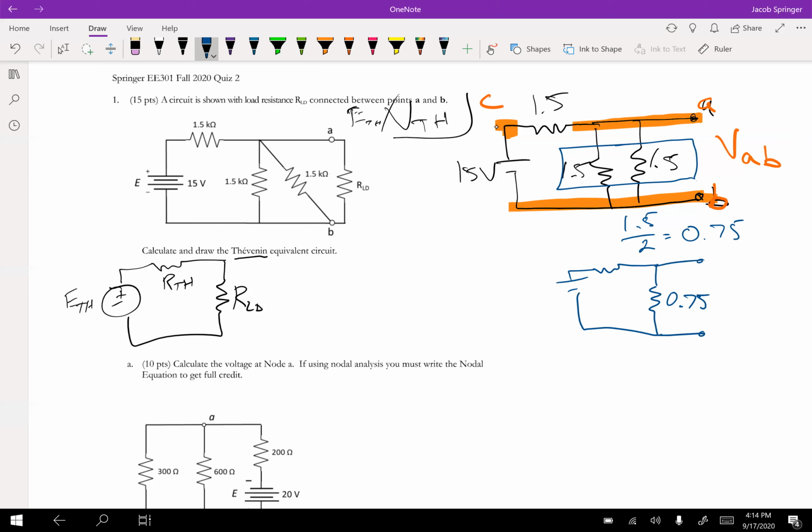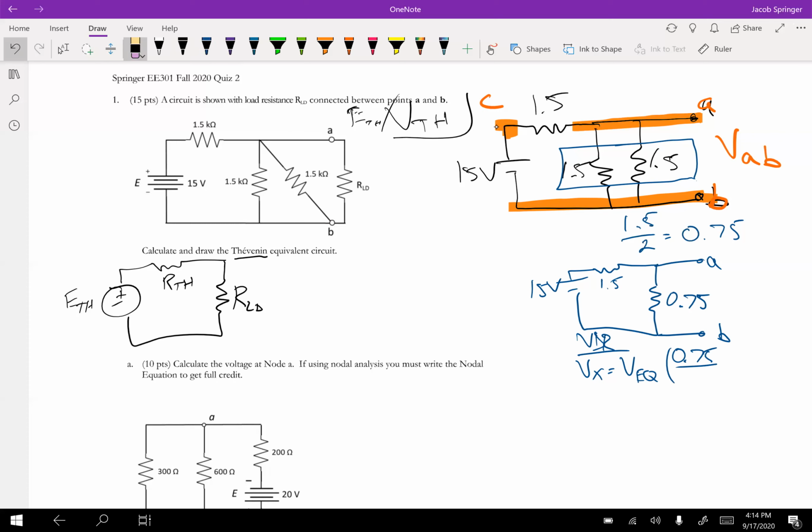I'm still looking for the open node voltage, and I have 15 volts. Well, now I see that 1.5 and 0.75 are in series. So for me, the fastest way to do that is VDR. Vx equals V equivalent. What is the voltage being shared amongst series resistors? Well, 1.5 is in series with 0.75. I'm searching for the value across the 0.75.